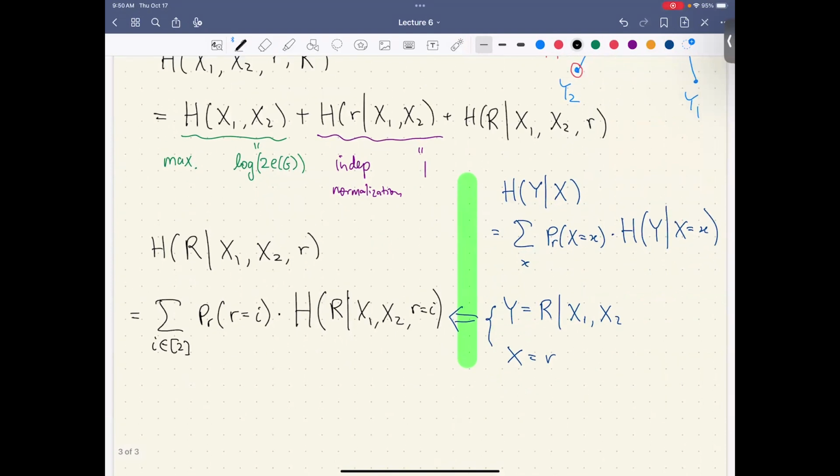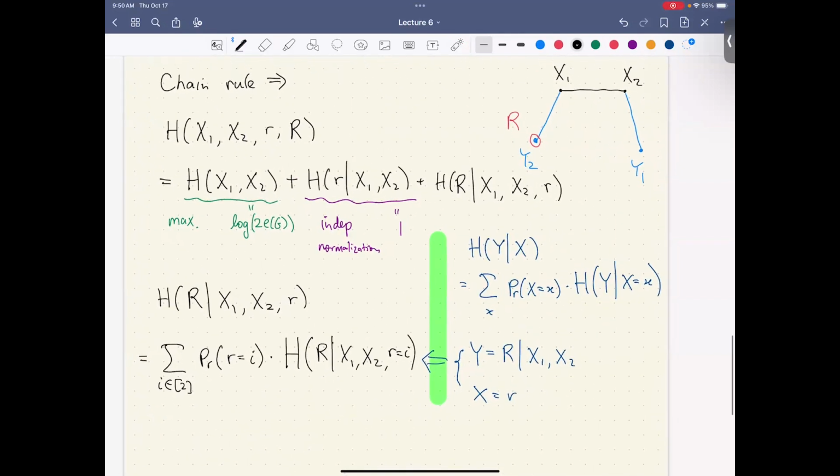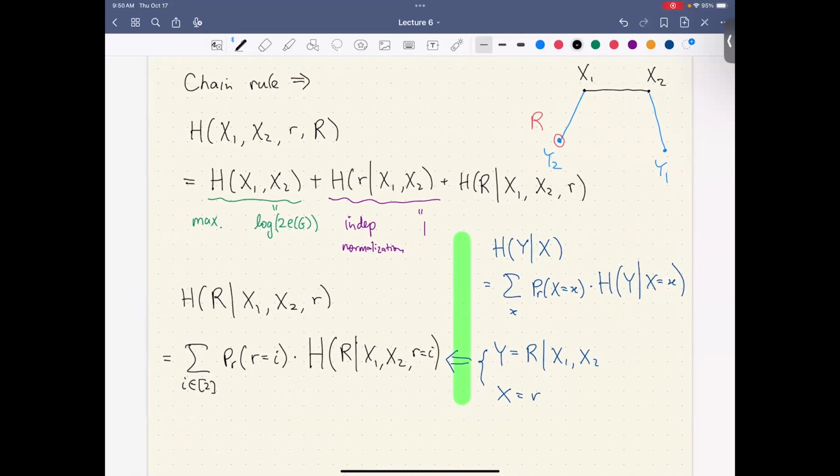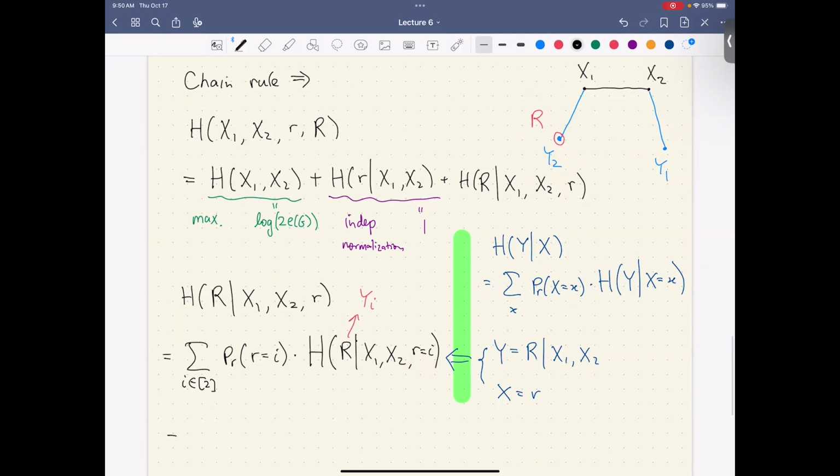Now here's the thing. Capital R and little r are related. If we are given that little r is i, we know that capital R is yi. This is how we define R. We uniformly sample between these two random variables, and the index agrees with the value of R. So we can now rewrite this.